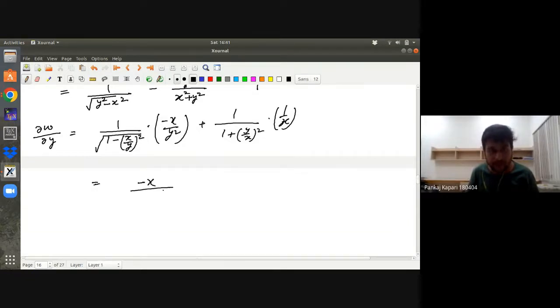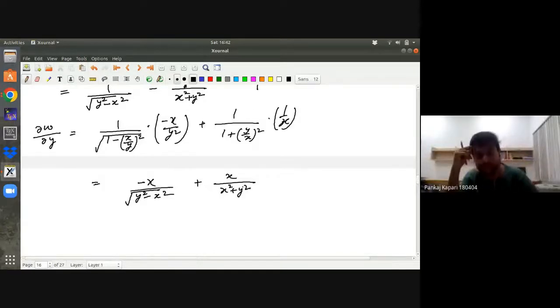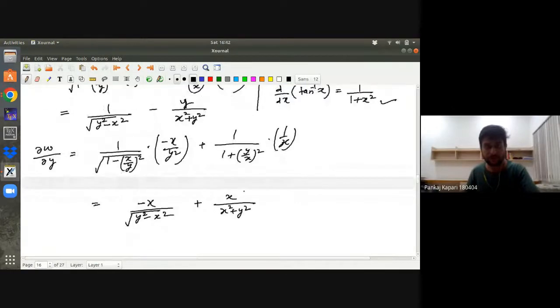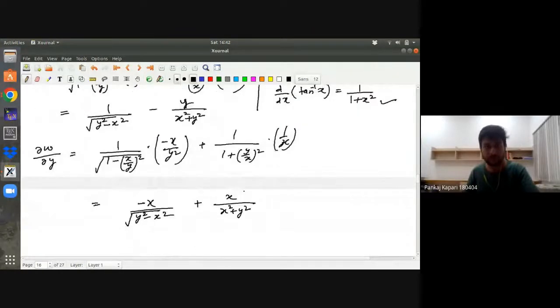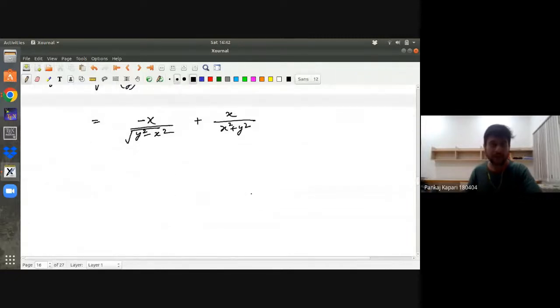We get minus x divided by square root of y square minus x square, plus... so is this correct? Okay, now just add these two identities.